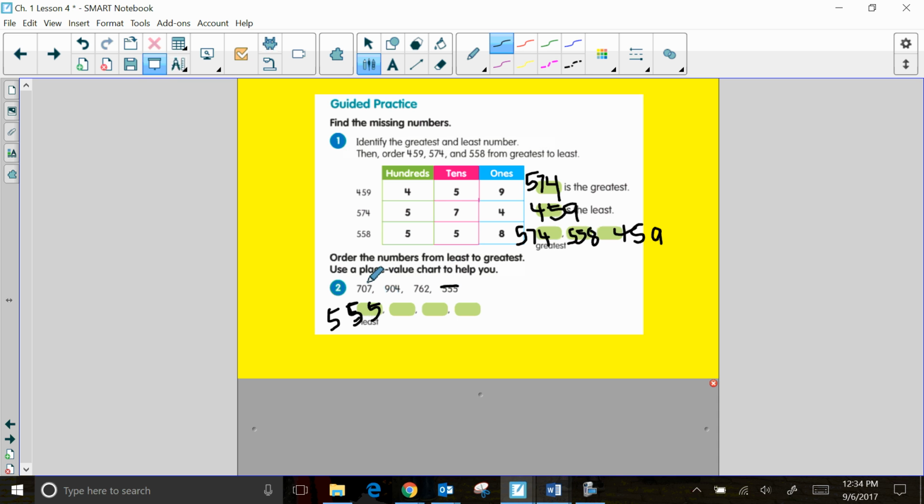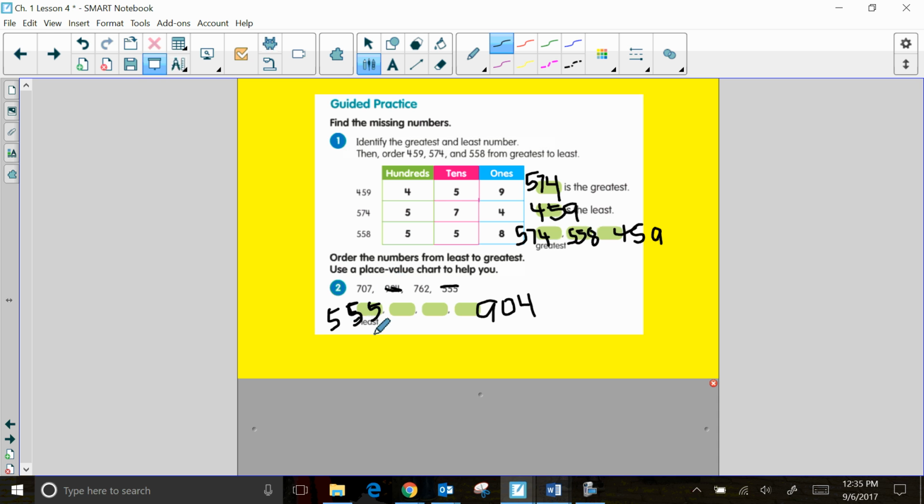Now I see that my next numbers are 700, 900, 700. 900 is clearly my greatest, so I'm going to write over here 904 because that's my biggest number. So right away I've crossed off my smallest number and my biggest number.